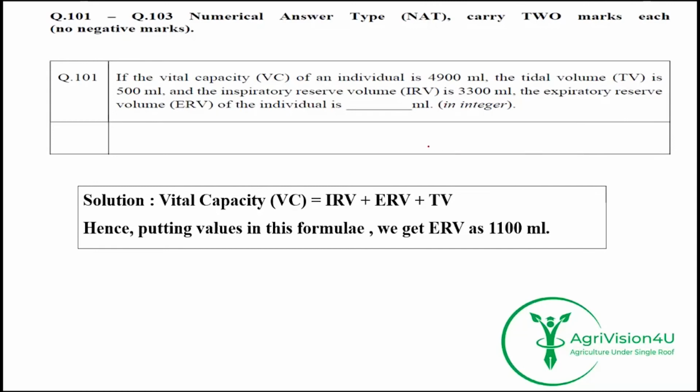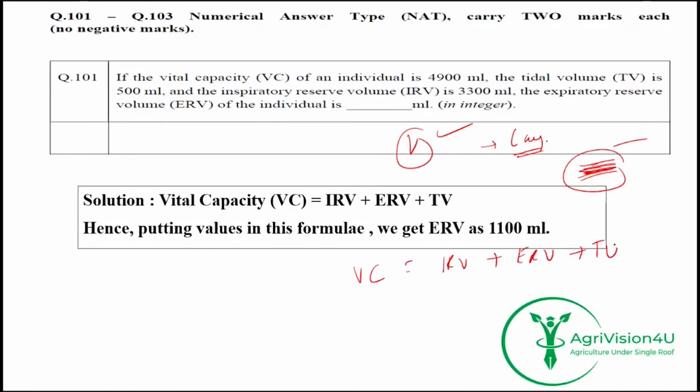So like you all know, we have volumes for our lung, which are used to measure the capacity of a lung, the capacity of our inspiration, the capacity of our expiration, the capacity of the residual air, which is gas which is left in our alveoli. So we know that vital capacity is the inspiratory reserve volume, expiratory reserve volume, and tidal volume.